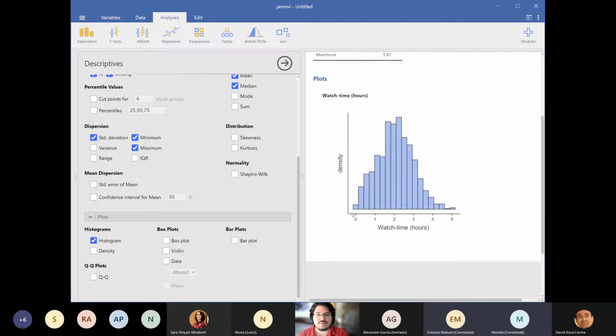So this is the data that we have. This is the density of that data. So between 0 and 1 hours, there is this amount of views. That is the density of the data plotted on the y-axis, and on the x-axis we have the watch time in hours.